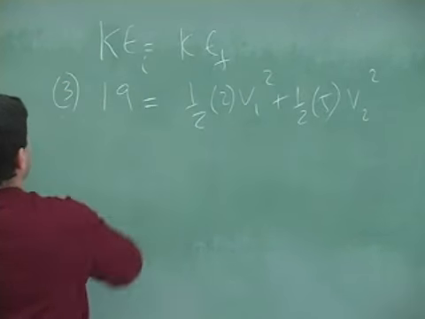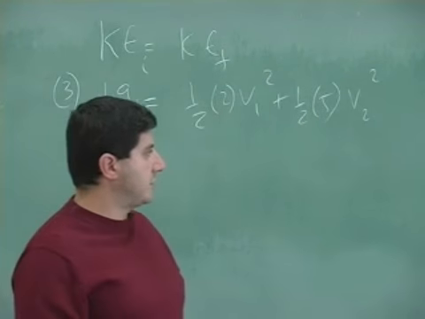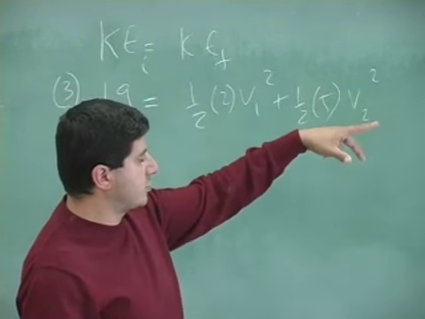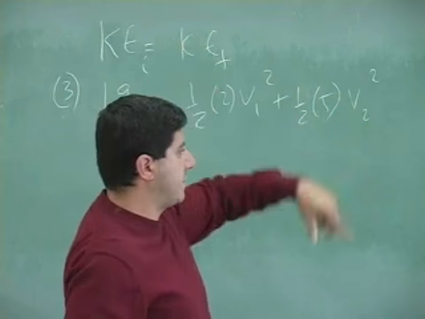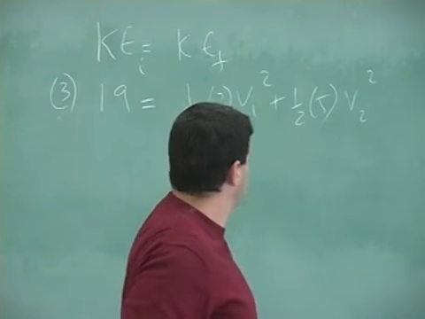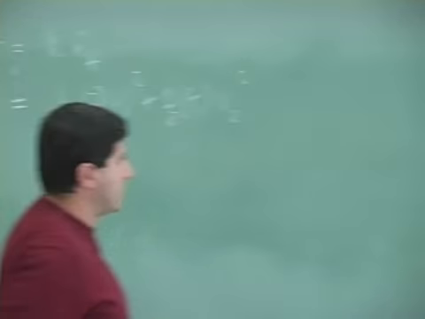How do we tackle this? We've got V1 cos theta. We have V1 sine theta. It looks like a whole lot of mess.